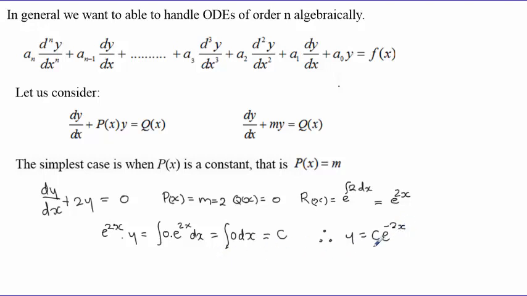What I want to call your attention to here is how this 2 has migrated from here to this position and finally into the solution. That's exactly what we want to take advantage of. We want to be able to arrive at this situation in an algebraic fashion.